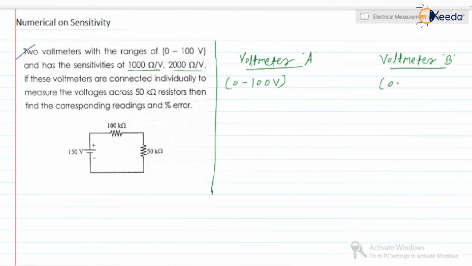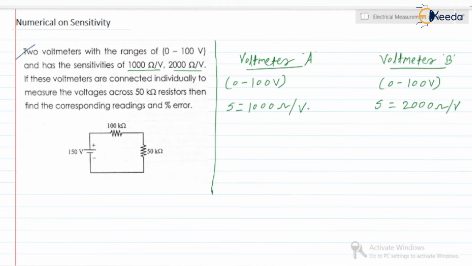For voltmeter B it is also 0 to 100 volt. Next, sensitivity of first voltmeter S is equal to 1000 ohm per volt, and for the second it is 2000 ohm per volt.